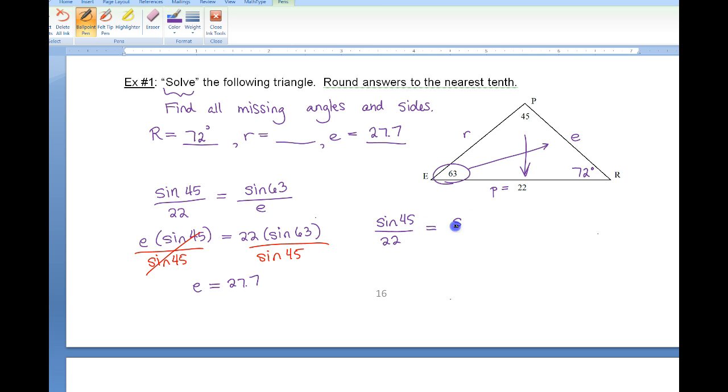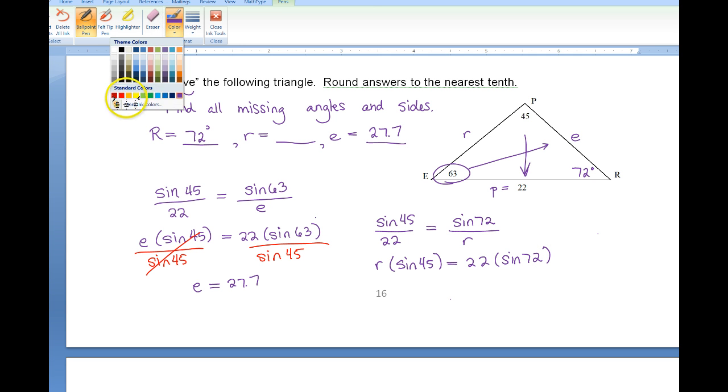But this time I'm going to use sine of 72, which is angle R, over little r. Now, some of you may ask, could I have used sine of 63 over 27.7 because we found e? That's fine. It's just I like to play it safe because in case you made a mistake on the first part, you could still get the second part correct if you set it up right.